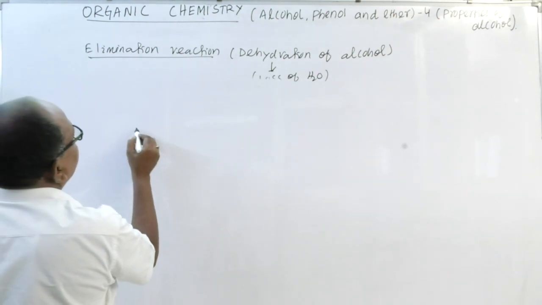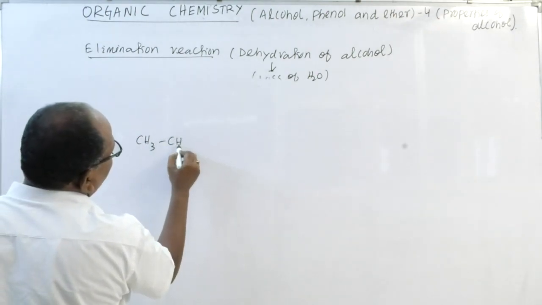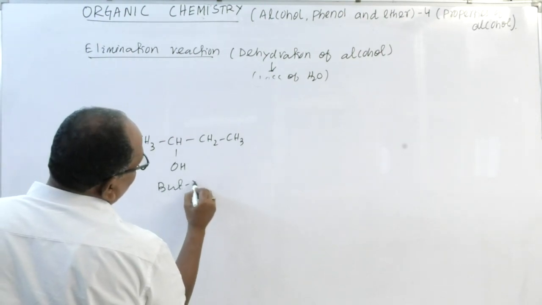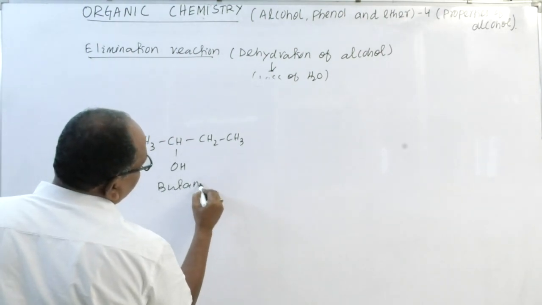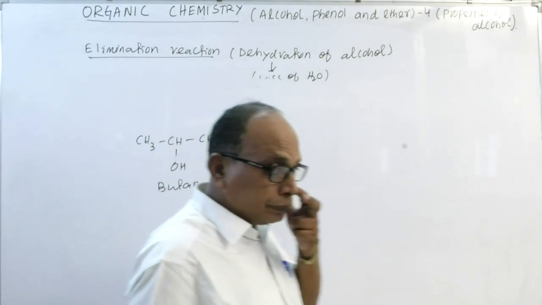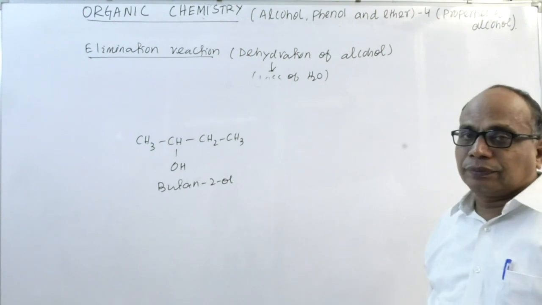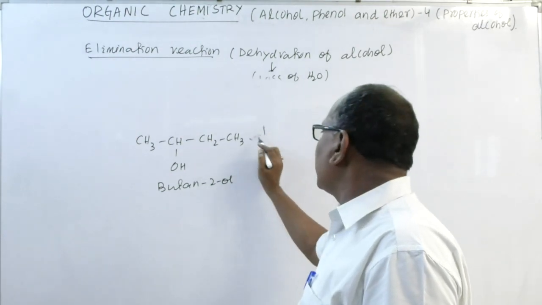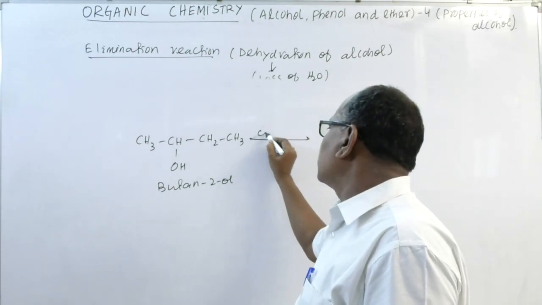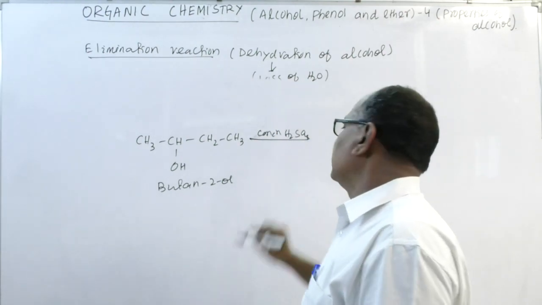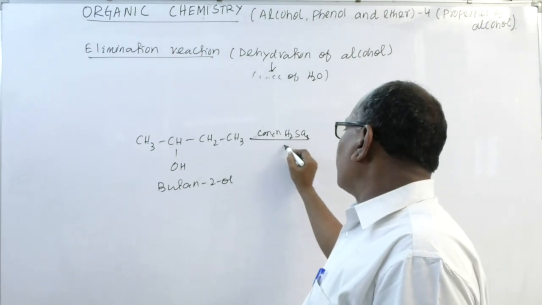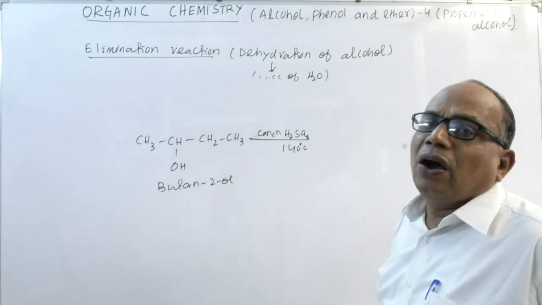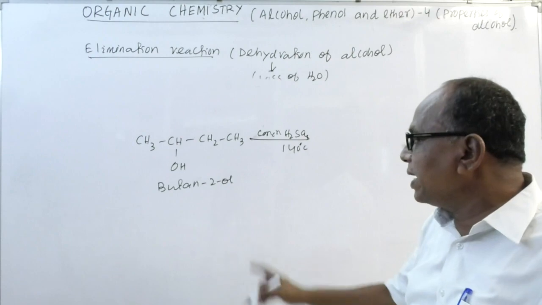Suppose you take butan-2-ol. When you treat it with a dehydrating agent like concentrated sulfuric acid, the temperature now comes to 140 degrees C, because it's secondary. For primary it required 170 or 190 degrees, but here it is lower.